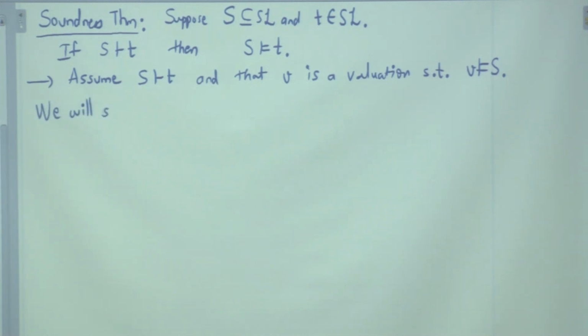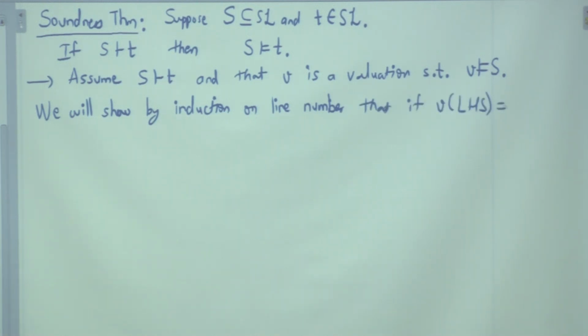We will show by induction on line number that if V of LHS is true, for a line number of a proof of T from S, S proves T, then V of RHS is true.